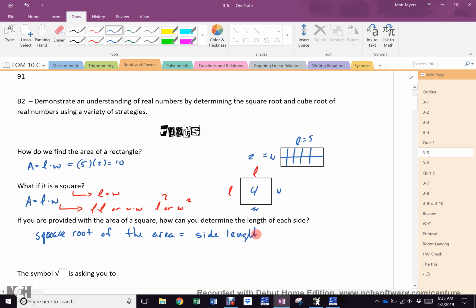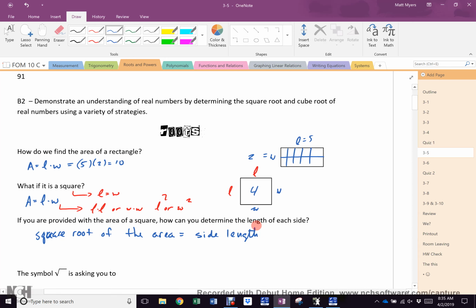Now, why was 4 an easy one? It's got a rational square root, right? Remember that from before spring break, how we talked about rational and irrational numbers?